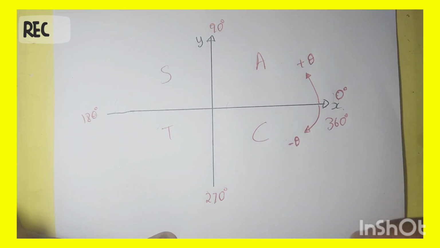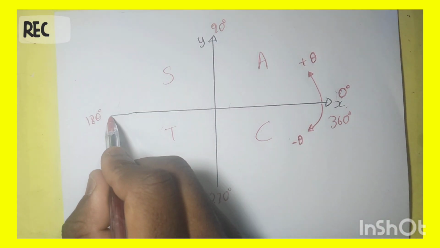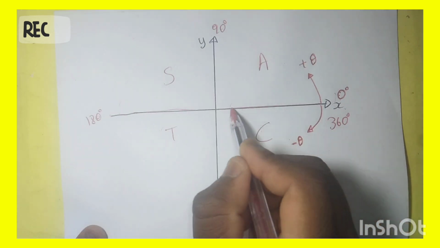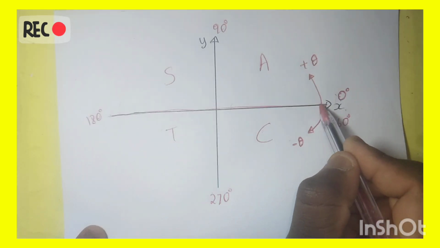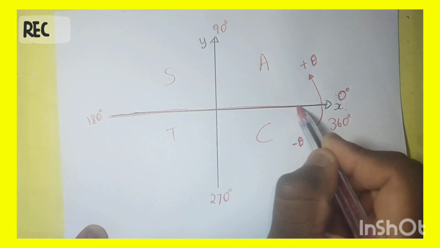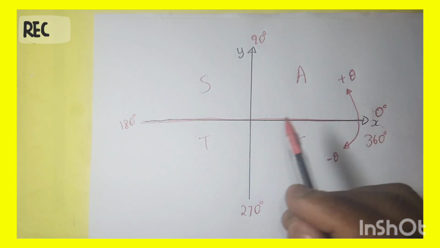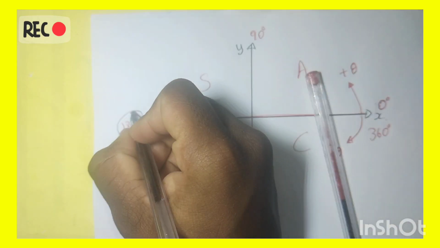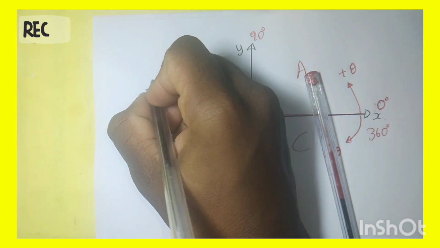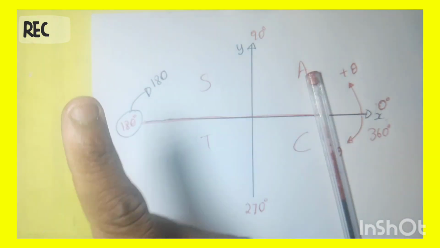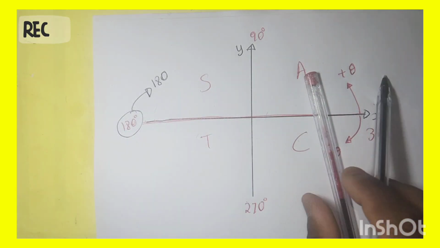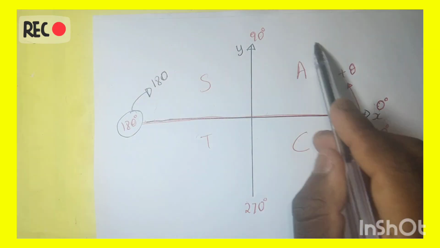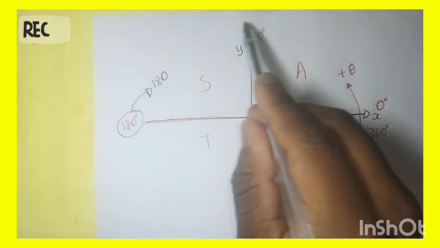Here is the most important part. I will be focusing only on the horizontal line. From that horizontal line, if I am on 180 and I move in that direction, do you see the direction I'm moving? That's a clockwise direction.